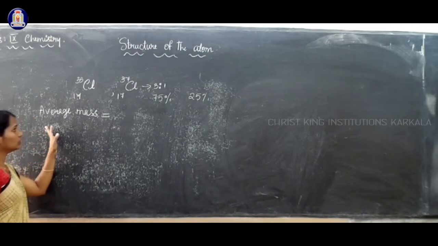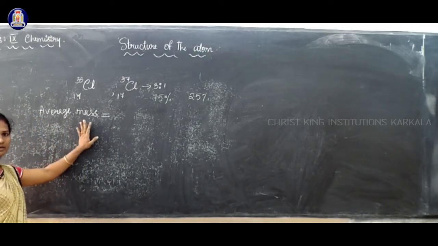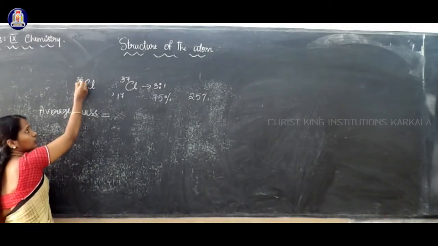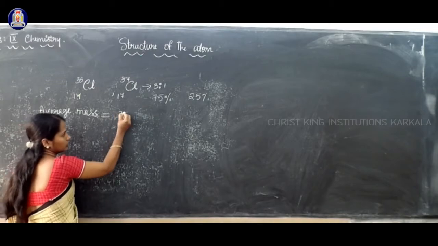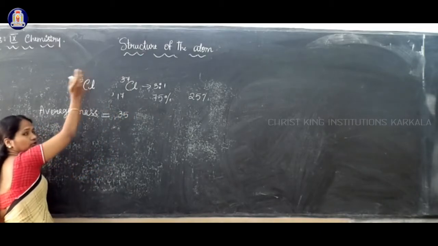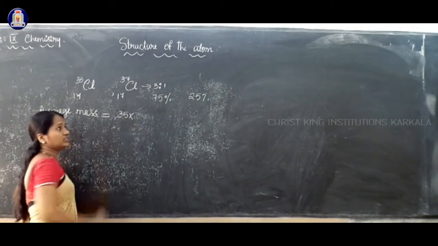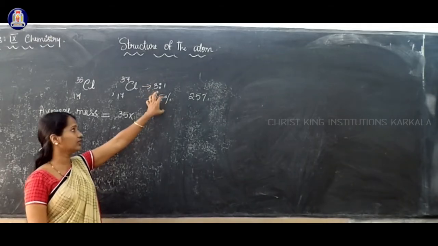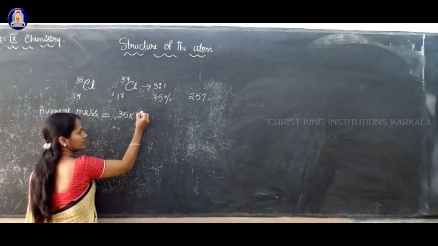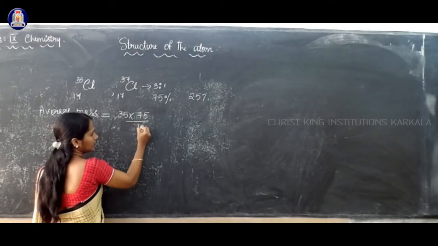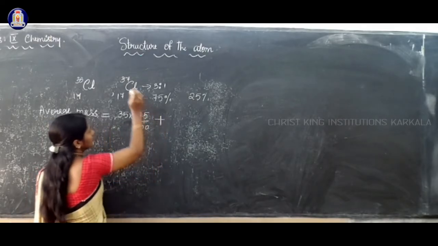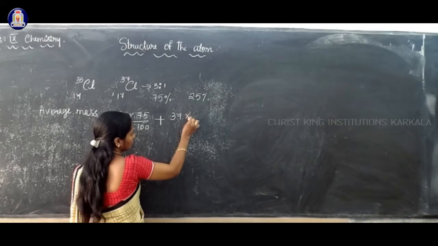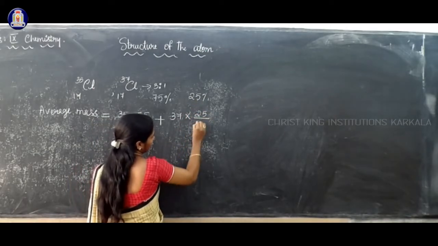So, while calculating the average mass, it is equal to the mass number of chlorine 35, that is 35, into the percentage in which this first isotopic form is present, 3 parts, in the sense 75%, that is 75 divided by 100, plus the second isotopic form chlorine 37, that is 37 into 25%, 25 divided by 100.